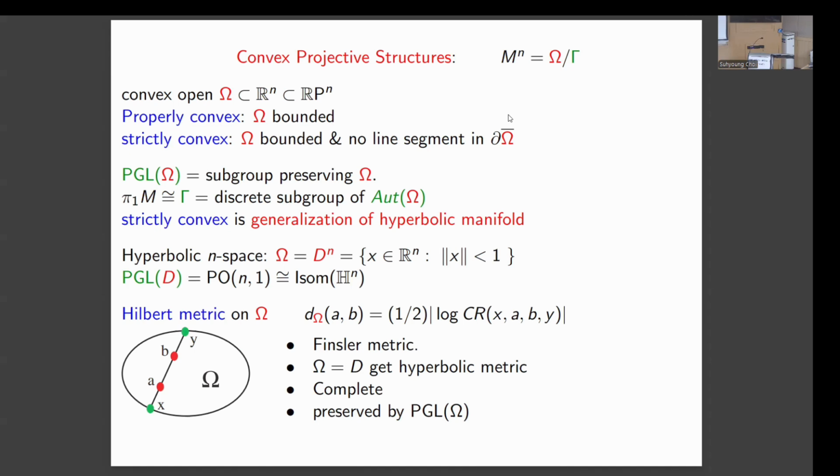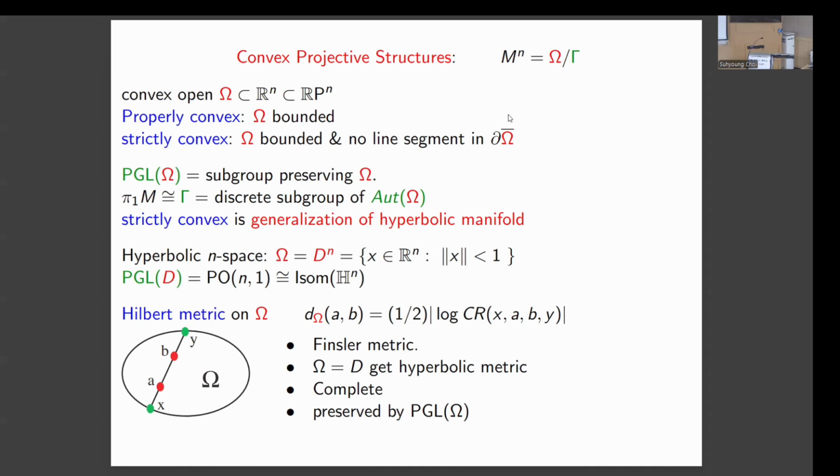And in addition to being bounded, if there is no line segment in the boundary of omega, then it's strictly convex. So there are two kinds of convex that we'll focus on, properly convex and strictly convex. And I'll use a notation. Whenever you have a subset of projective space, PGL of that subset means projective transformations preserving that subset.